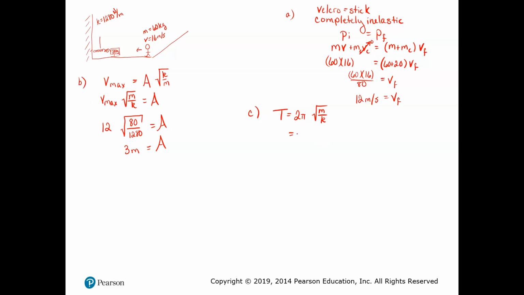So that's going to be 2 pi. It's a system, so this is going to be 80 because we're still connected. Spring constant is 1280. So I'm going to plug all of that in, and I find that my oscillatory behavior is 1.6 seconds. So every 1.6 seconds, it's going to come into that 3 meters, or approximately 10 feet. It's going to go all the way back out and all the way back in.